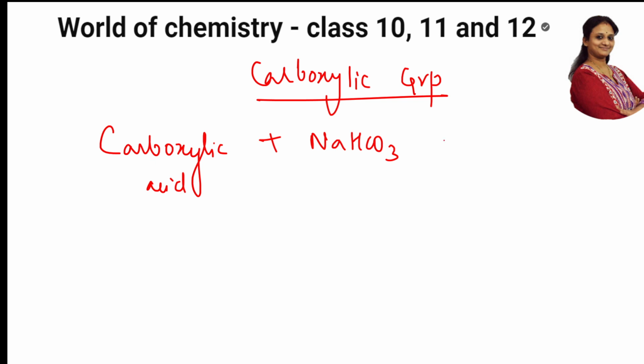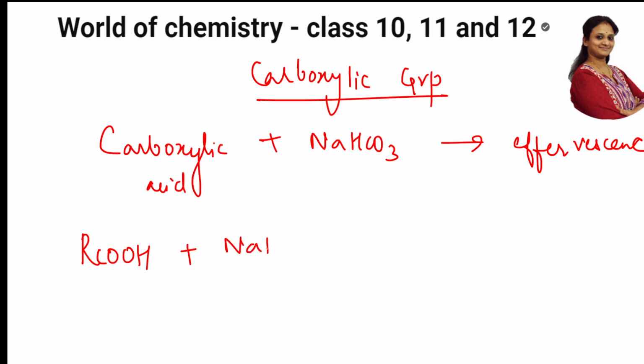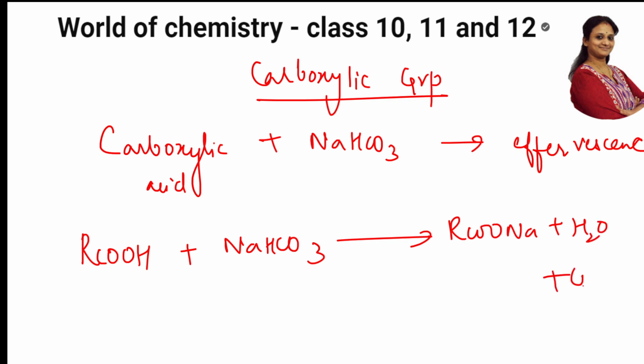So when you add it, you'll be getting effervescence. Let us take one example. RCOOH is an acid. I'm going to add NaHCO3. What will I get? I'll be getting RCOONa plus water plus carbon dioxide. This carbon dioxide is the effervescence which you get.